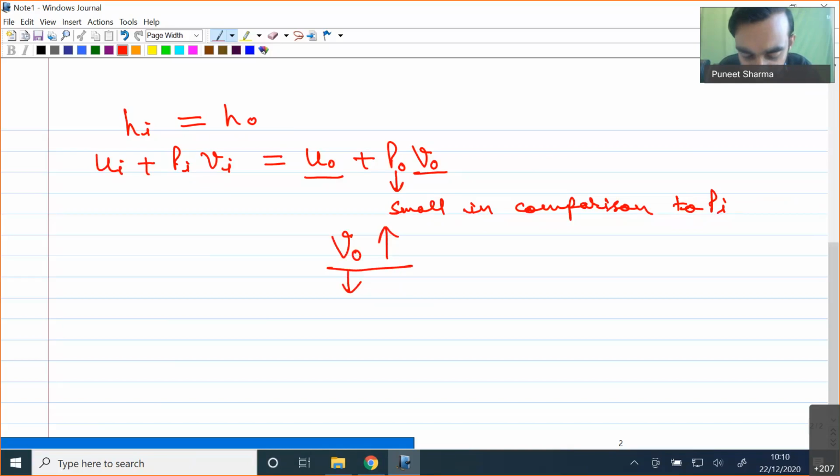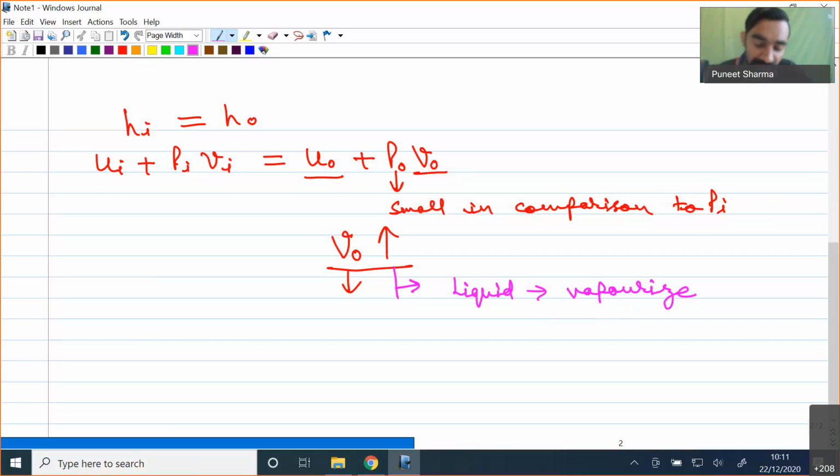If specific volume has to increase, then in our throttling process, if the substance is entering in the liquid phase, it will be vaporizing. If it vaporizes, then only will our specific volume of the substance increase significantly.